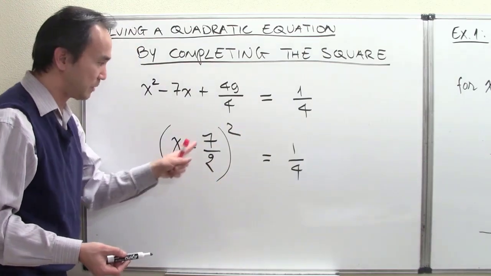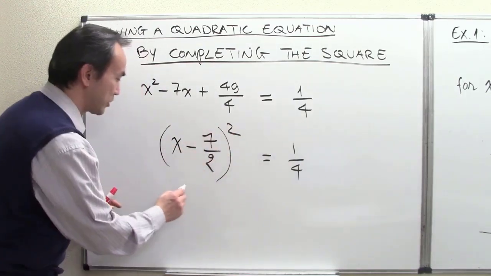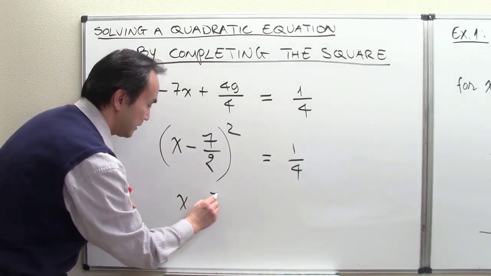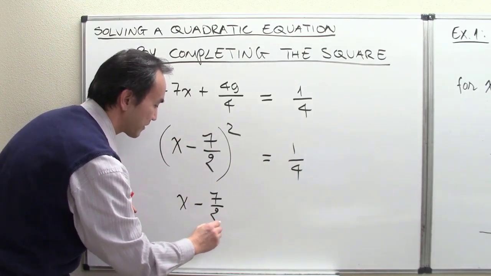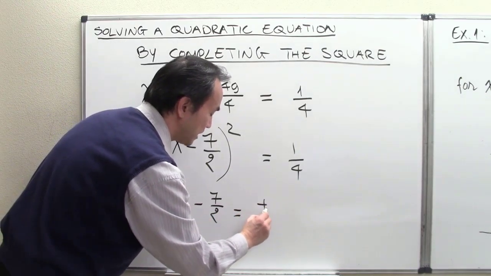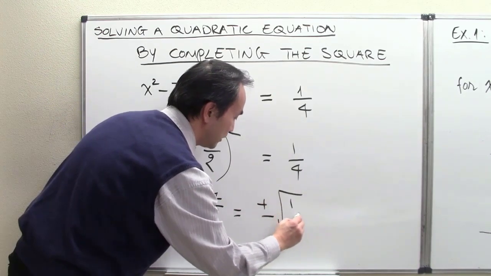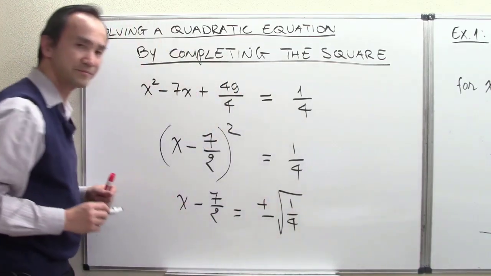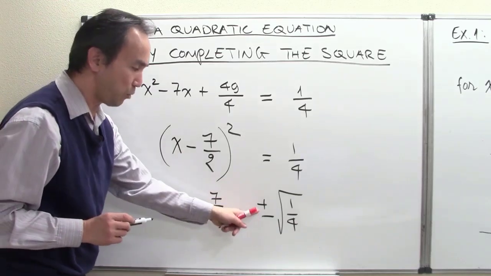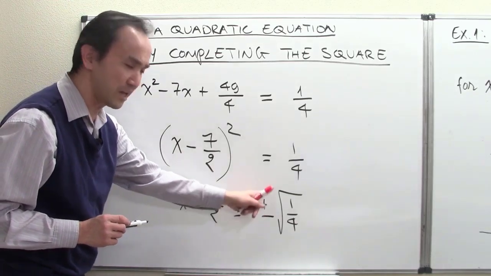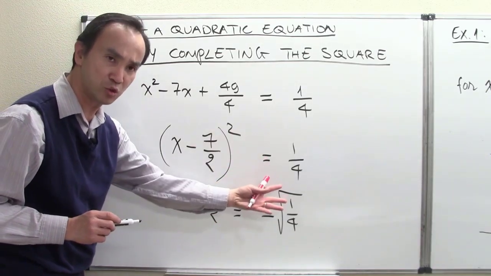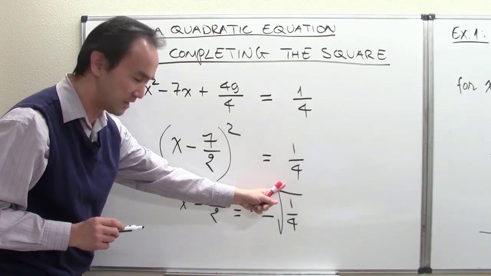So by square root property, I am going to take the square root of both sides, making it now x minus 7/2, no more square, but that equals plus and minus the square root of 1/4. And anyone learning up to this lesson must be fluent with how to operate with square root. Square root of 1/4 is 1/2.